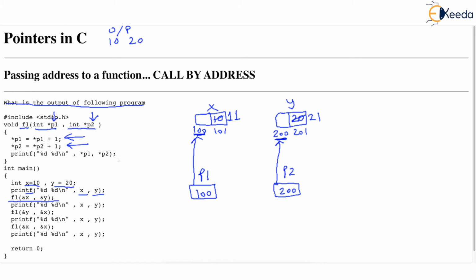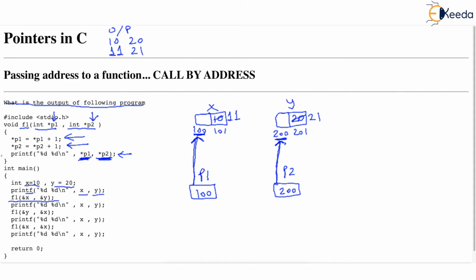And then at the third line of the function, we are printing asterisk p1 and asterisk p2. Just check asterisk p1 is nothing but value of x, and asterisk p2 is nothing but value of y. So we are indeed printing x and y over here. So the second output is going to be 11 and 21.